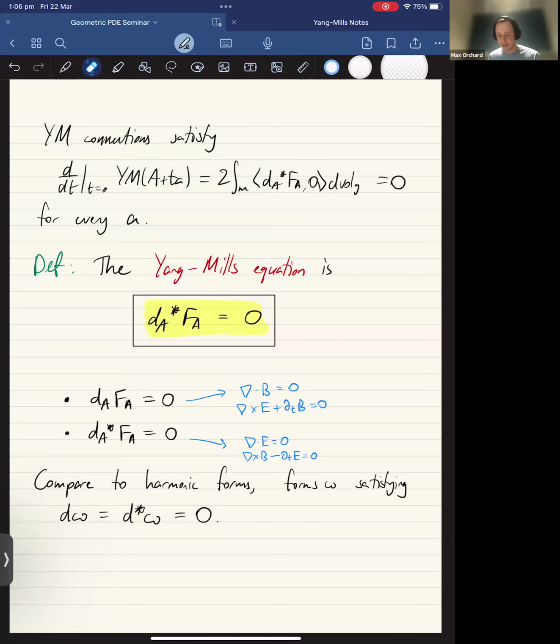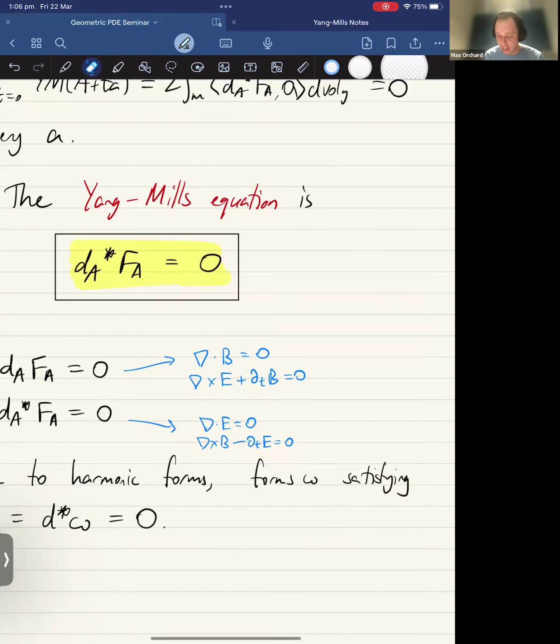I guess this comes from R4 having one of the coordinates being time. Oh, I see, of course. Yes, the Minkowski metric. It's pseudo-Riemannian, so we might get negative norms here.